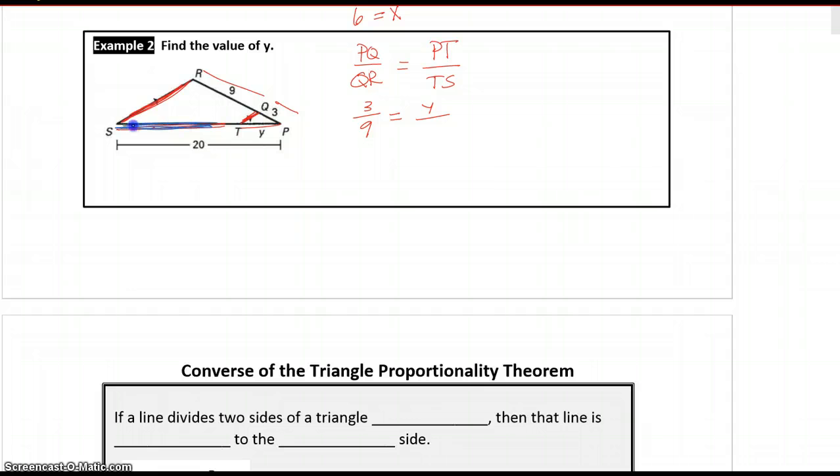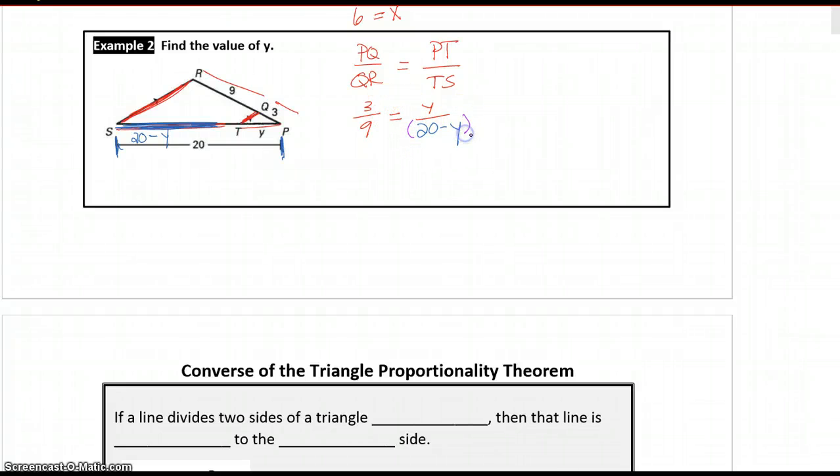Well, let's take a look. If the whole side SP is 20, and from T to P is Y, then ST has to be 20 minus whatever y is. So this is going to be 20 minus y. Solve the proportion just like any other proportion, and we will cross multiply.